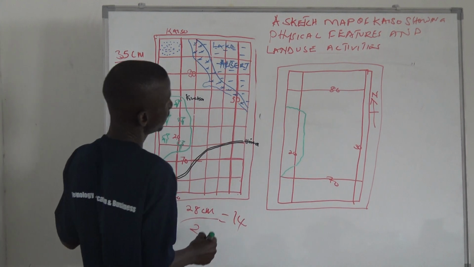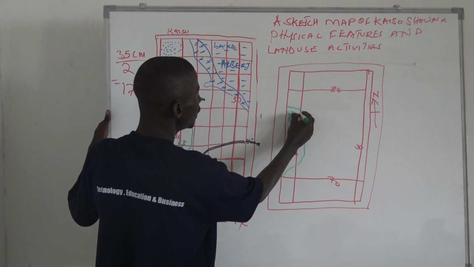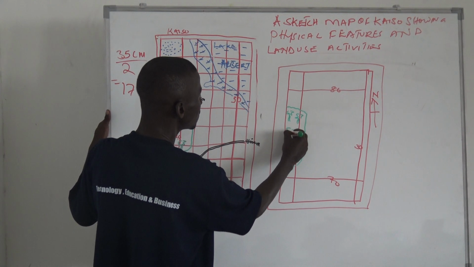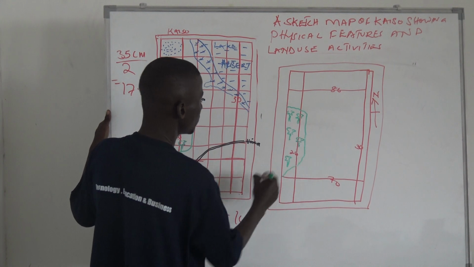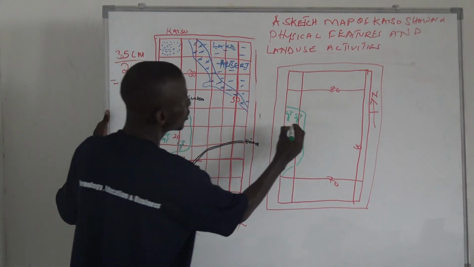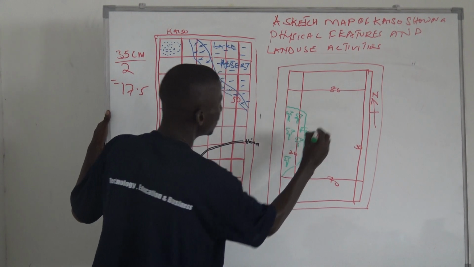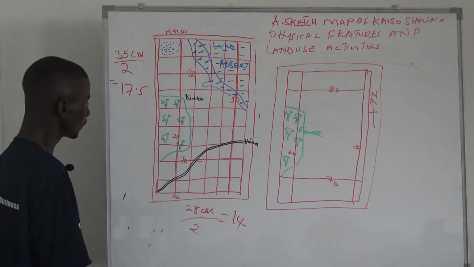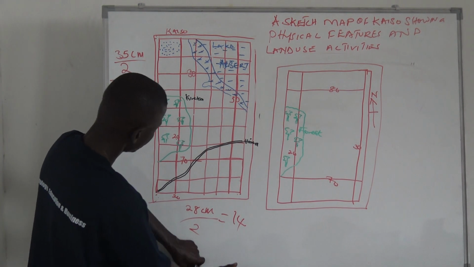So put there the symbols. In a map we use symbols. Mark and label, so you name this one a forest. Then after that, the road.